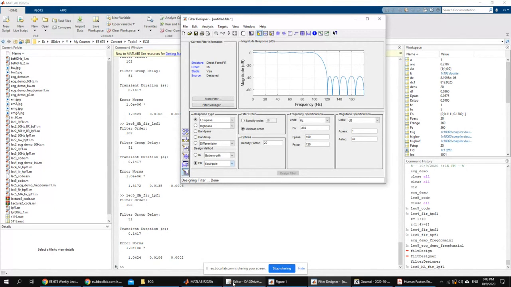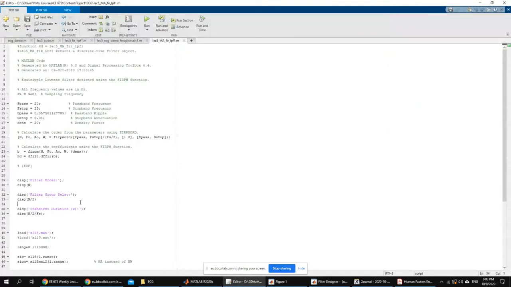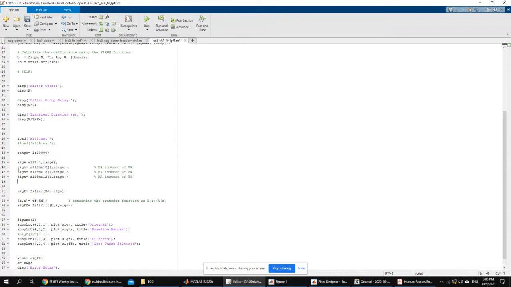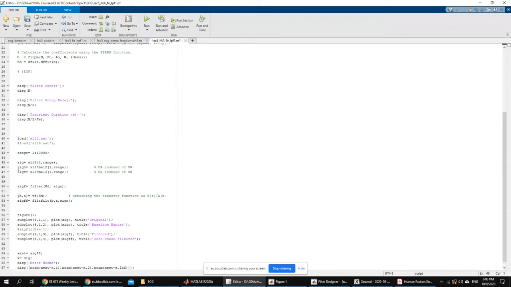Okay. Let's try now the same exact code here, and instead of having the motion artifacts, I'm going to put the other type, sorry, the electrode motion. By the way, in each one of the signals here, you have signal number 1 and signal number 2.